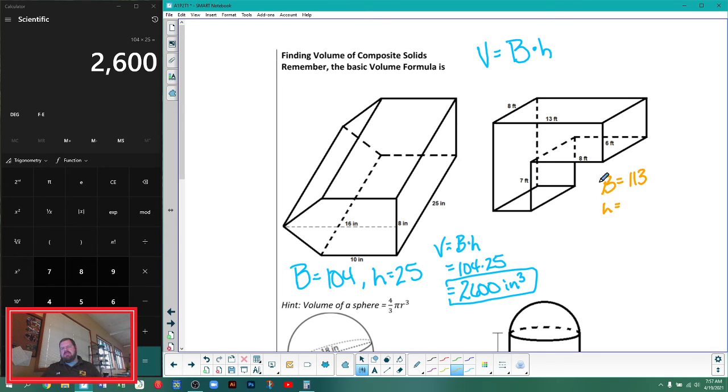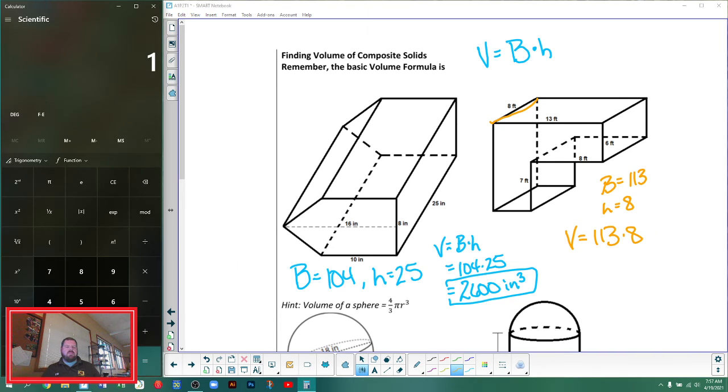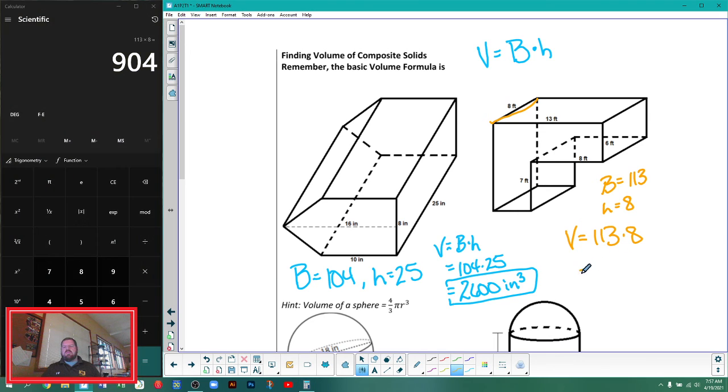And our height, the distance between the two bases, is going to be 8. So my volume is going to be 113 times 8. And we get 904. And those are feet cubed.